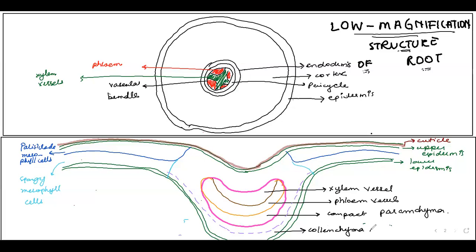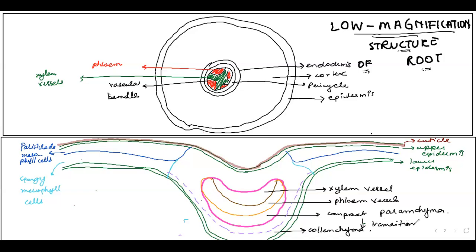So over here around the xylem vessel, you will see this parenchyma, and you would slowly see that it starts to change and turn into collenchyma cells. So in this area, you would see a transition taking place. Your parenchyma cells would slowly modify and turn into collenchyma cells.